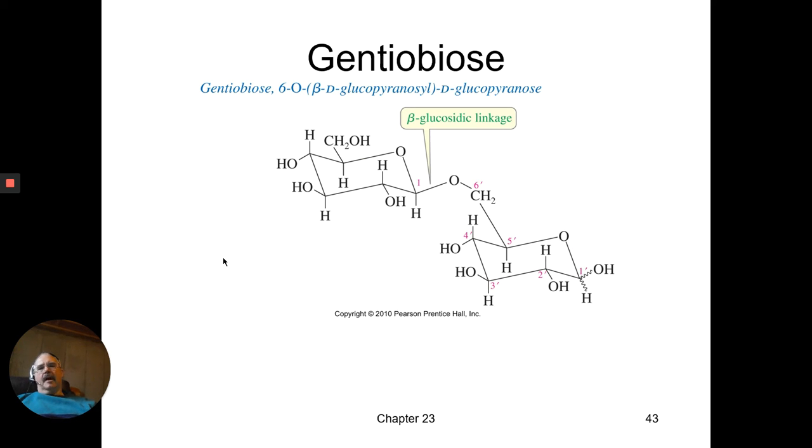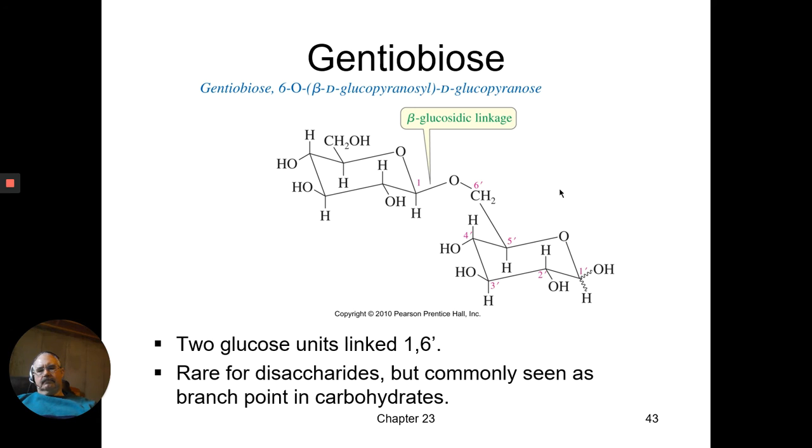Okay, here we have a disaccharide called gentiobiose, and this is a 1 to 6 prime beta glycosidic linkage. This is rare for disaccharides, but it's commonly seen as a branch point in carbohydrates.